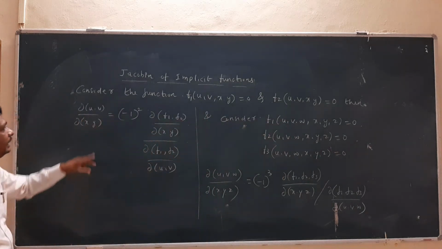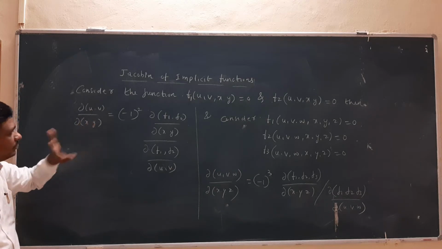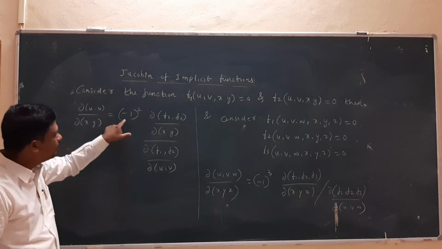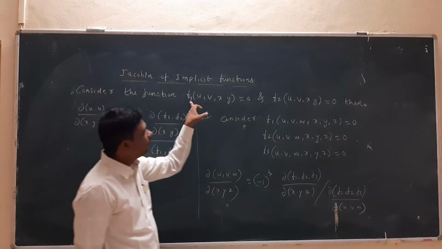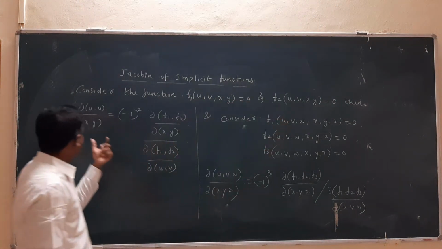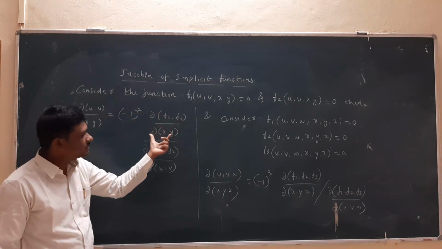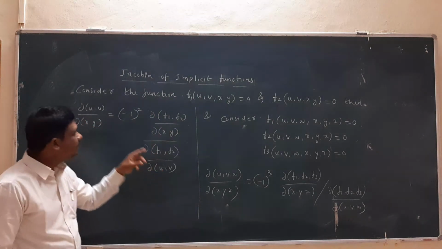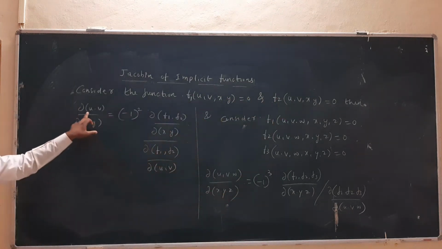Then if I want to find the derivative of u and v with respect to x and y, the formula is: minus 1 square, derivative of f1 and f2 with respect to x and y, divided by the derivative of f1 and f2 with respect to u and v.